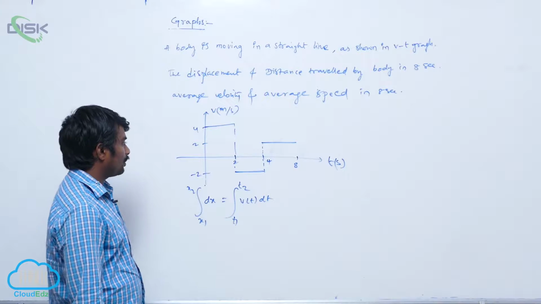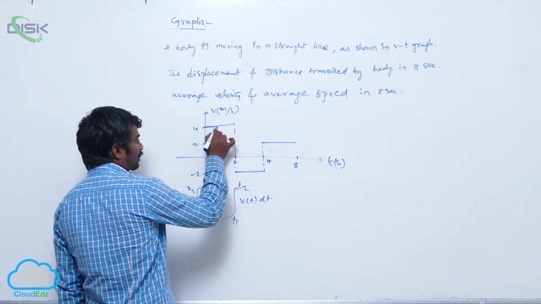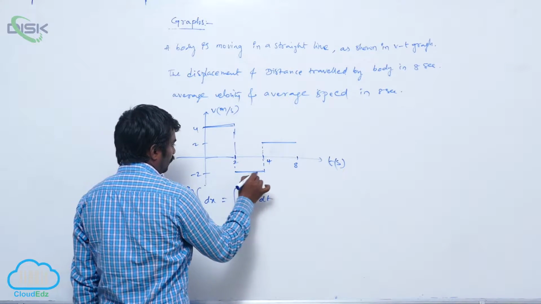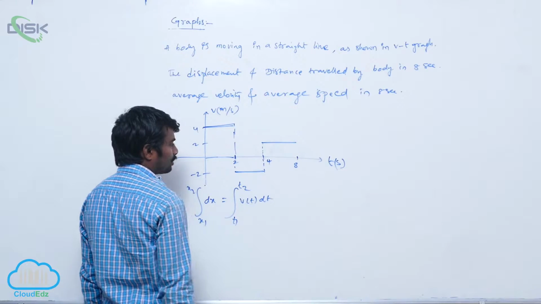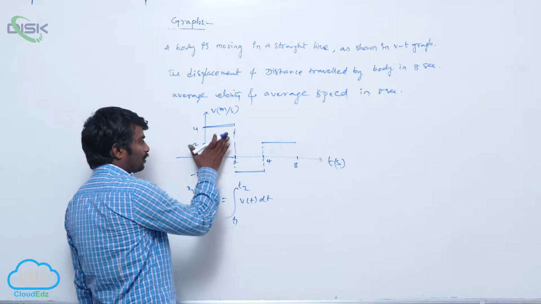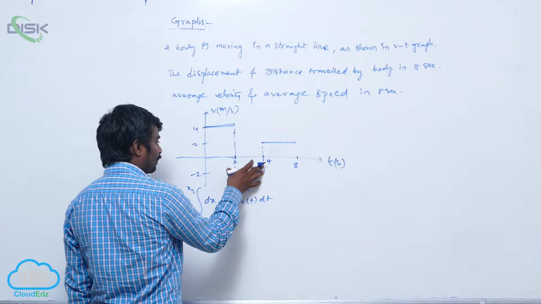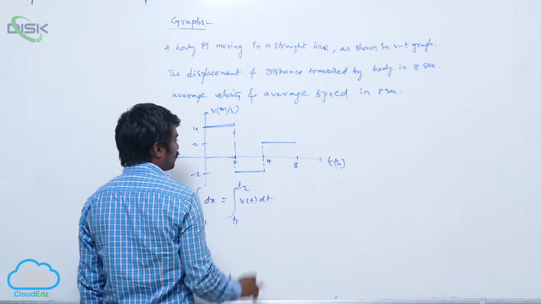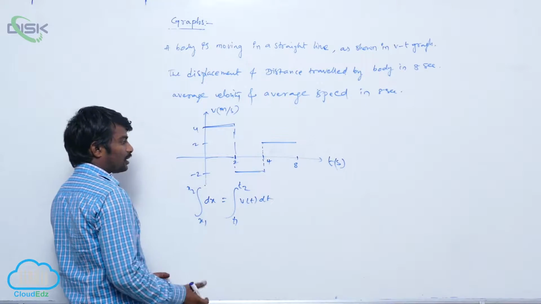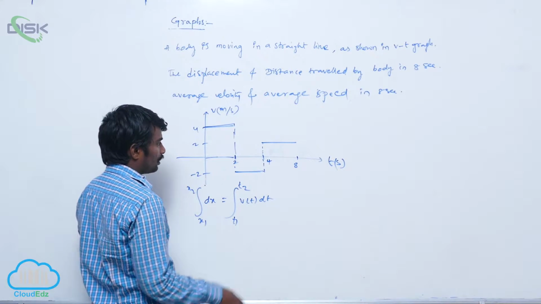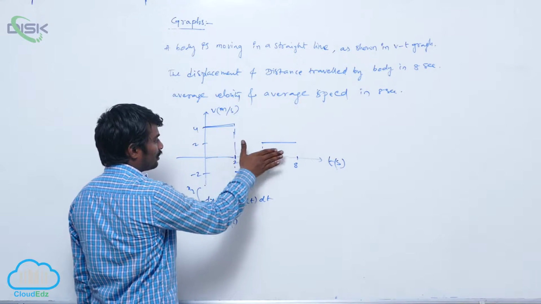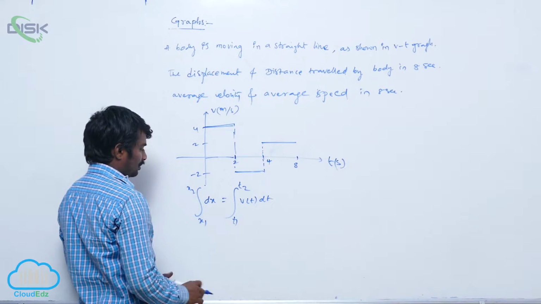This area is positive, this area will be negative, this area will be positive. As far as displacement is concerned, positive area minus negative area plus this positive area. As far as distance is concerned, it won't be negative, that's why this area plus this area plus this area gives you distance.